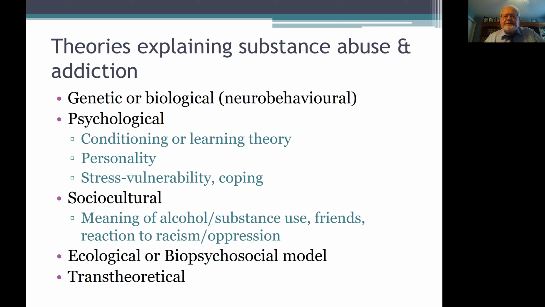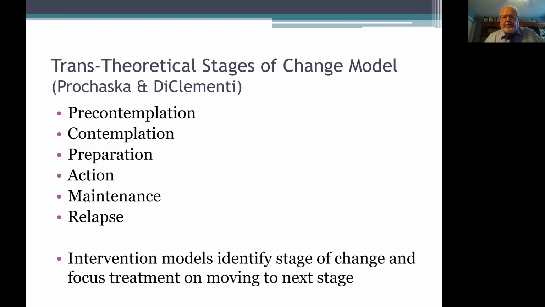A different type of model is the trans-theoretical, which identifies stages of change.